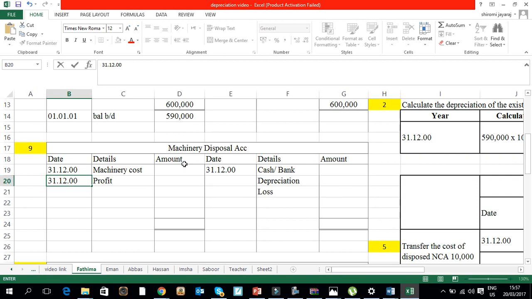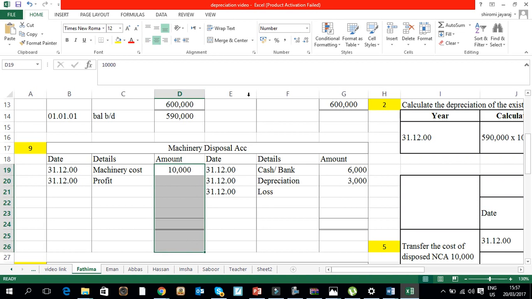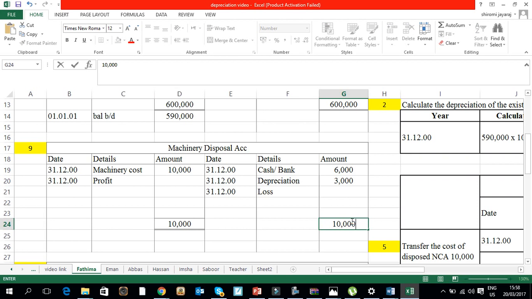And make sure there should be either a profit or loss. Both cannot happen together. The machinery cost is, sorry, it was 10,000. And it was sold for 6,000. And the depreciation calculated was 3,000. Now you can clearly see that the debit side is greater. Bring that to the balancing. Find the difference between 10,000 minus 6,000 minus 3,000, which gives a loss of 1,000.